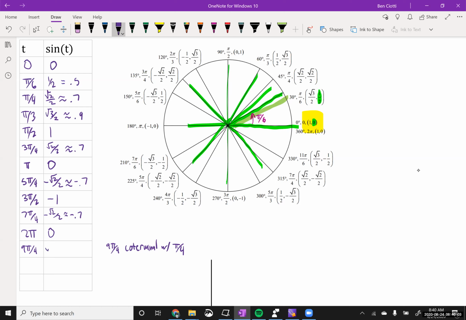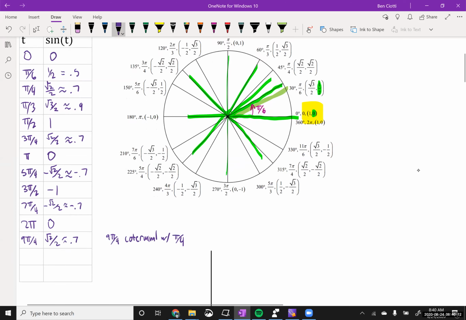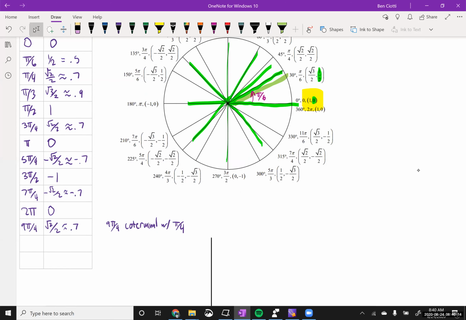So at 9 pi over 4, I'm just going to get the same number I got at pi over 4, which is about 0.7. And I can even plug in negative angles if I wanted as well. Like if I plugged in negative pi over 4, that would correspond to moving in the reverse direction, and I would get negative root 2 over 2.